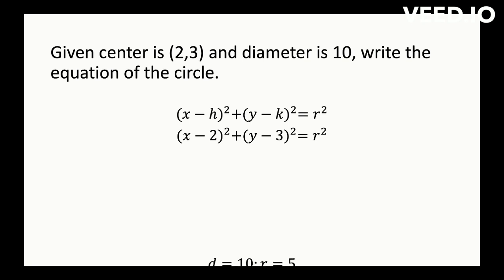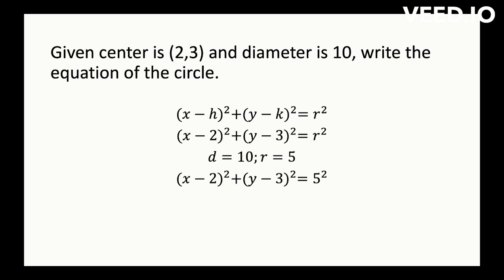That means if the diameter is 10, our radius will be 5. From that, we plug in 5 for r, and we get (x - 2)^2 + (y - 3)^2 = 5 squared. Then we square the 5, which is 25, and our final equation will be (x - 2)^2 + (y - 3)^2 = 25.